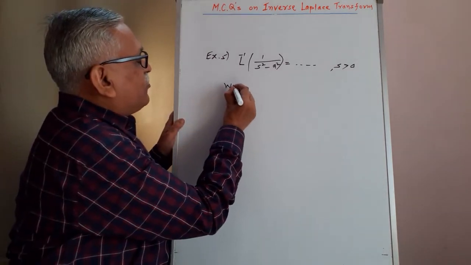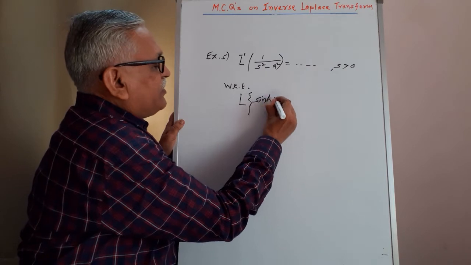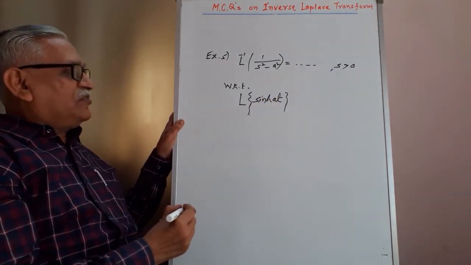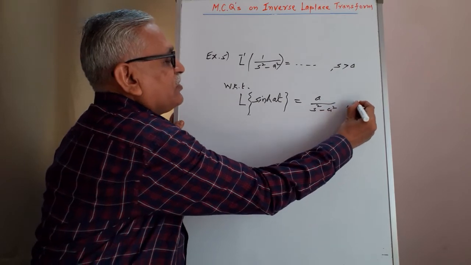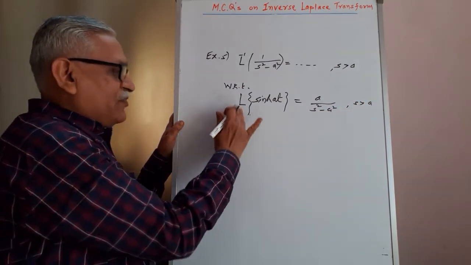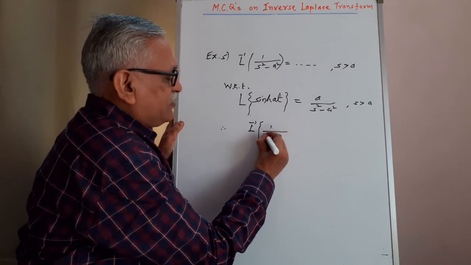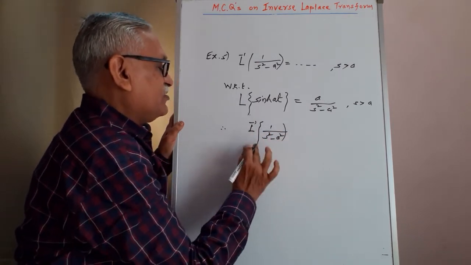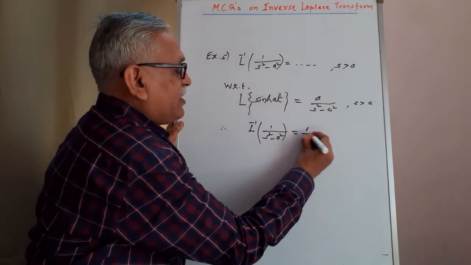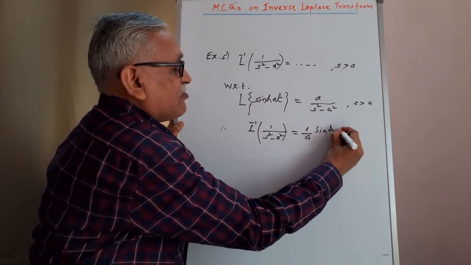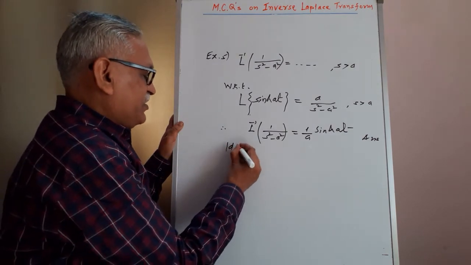To find the correct option, we know that Laplace transform of sinh at is a divided by s square minus a square with the condition s greater than a, and therefore transferring this to the other side, we get inverse Laplace of 1 upon s square minus a square as 1 by a sinh at as the answer, which is option D.